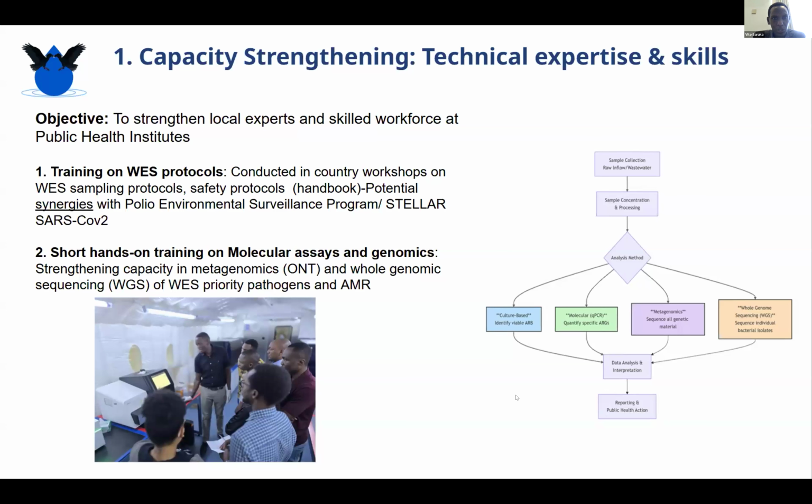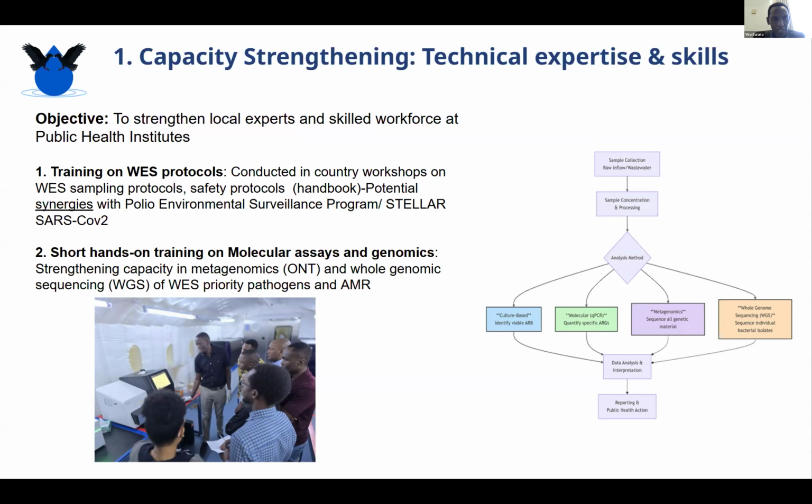So one approach was to look into technical expertise and competence. This was highly prioritized. So we thought about systematically strengthening local expertise and workforce in terms of genomics.